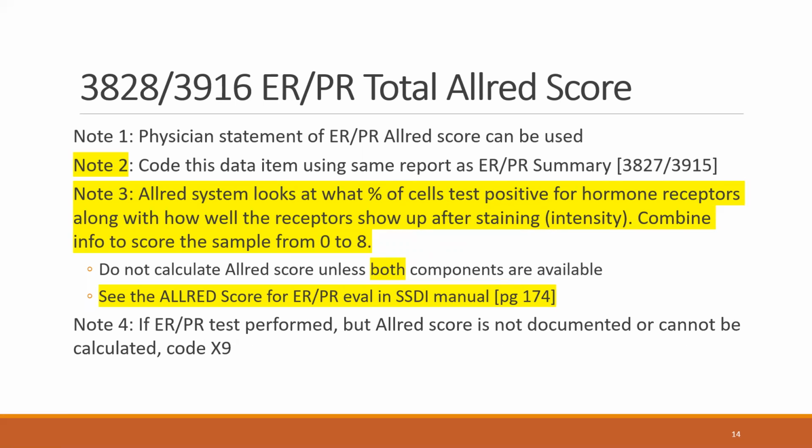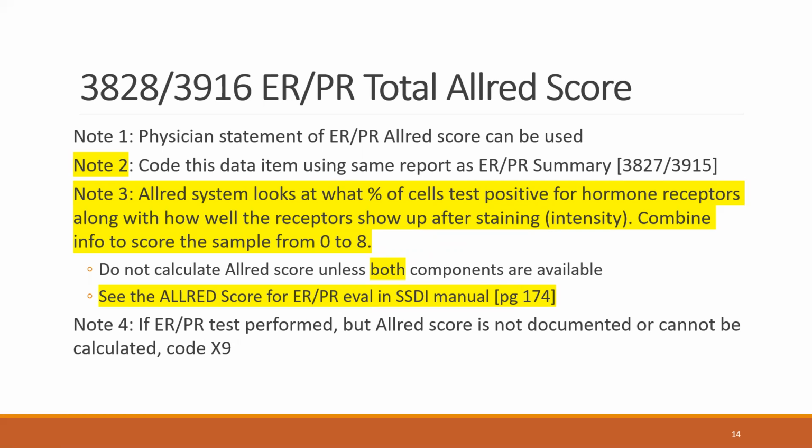On the CAP protocol, all red score is a separate form that is optional. So don't be surprised if you're not finding this or if your pathologist is not giving it to you. It is optional. I had a pathologist tell me I'm not going to do it. He gives you the components that you can calculate it, but he's not going to report out what the all-red score is.